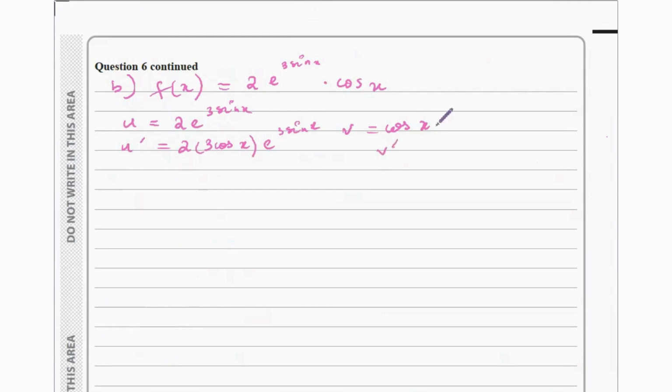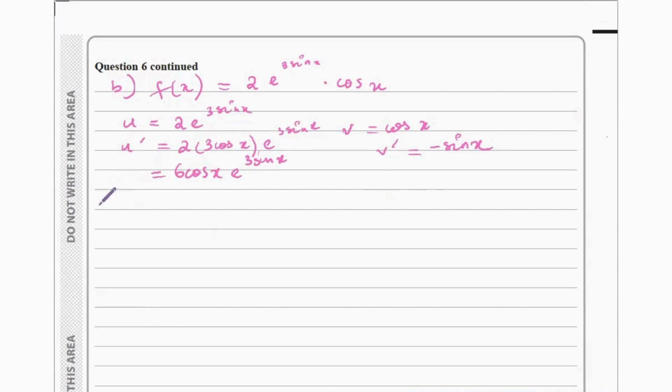And for v, the derivative of cos x is negative sine x. For these types of questions, you need to know your basic derivatives of the trigonometric functions and exponential functions. So that gives us 6 cos x times e to the power of 3 sine x.